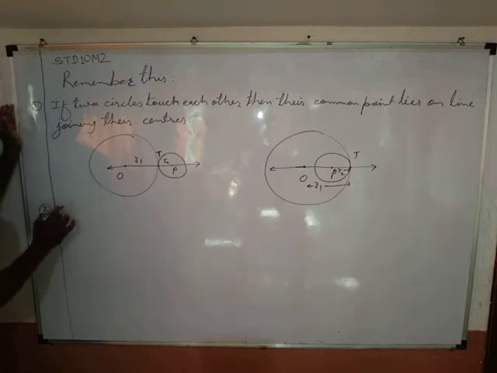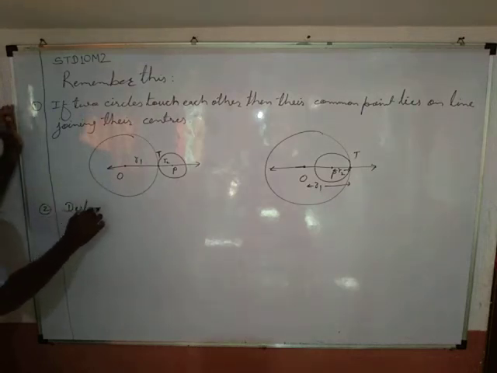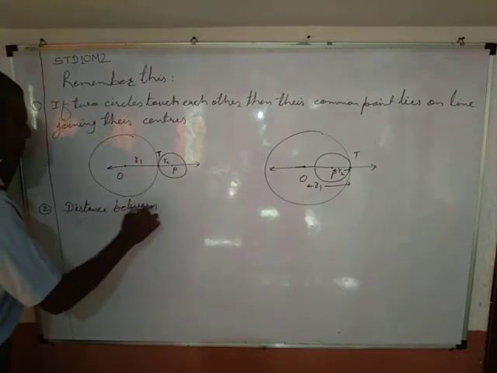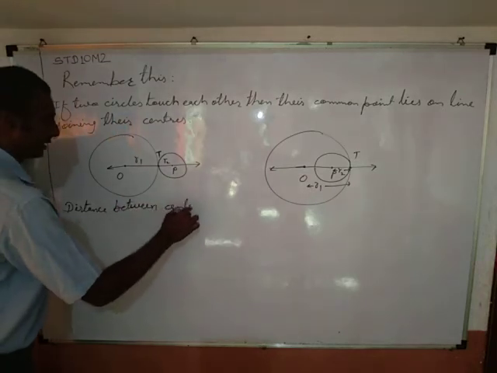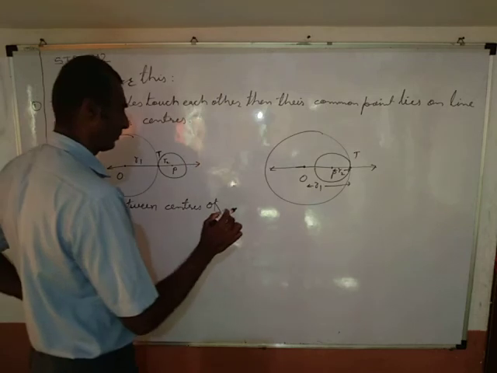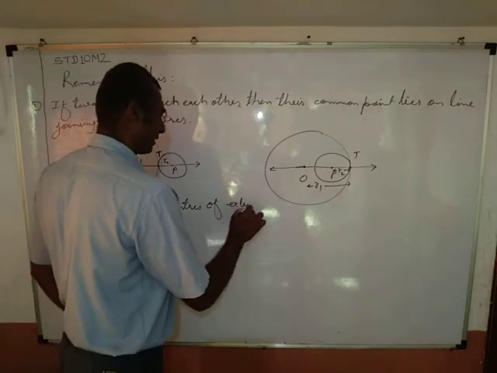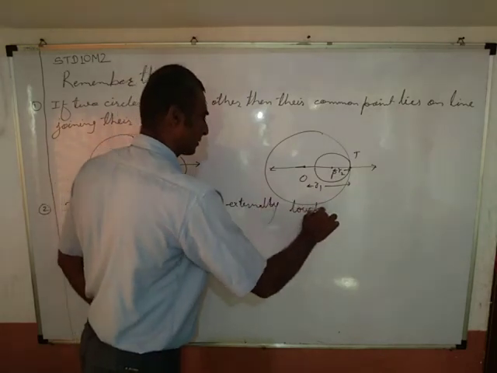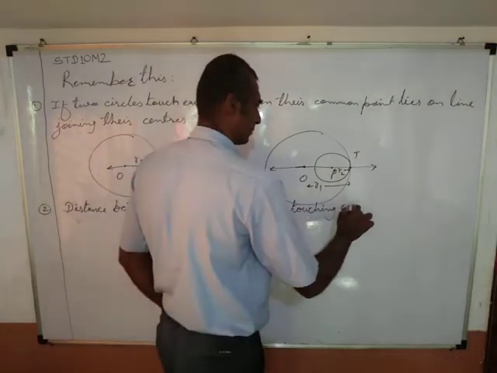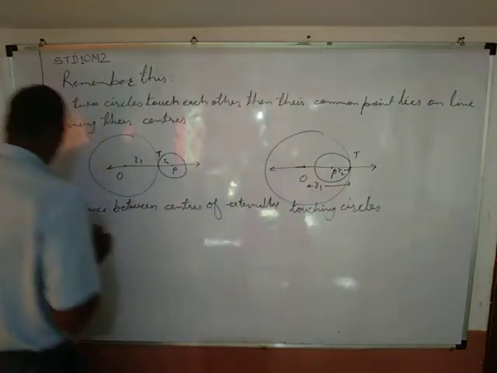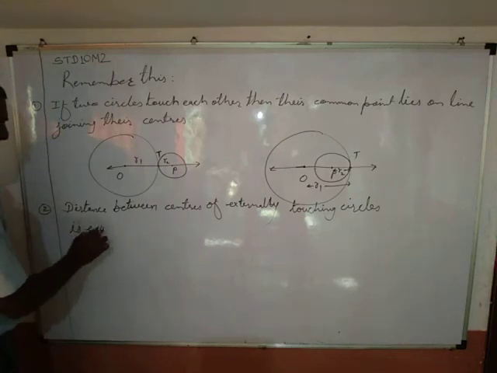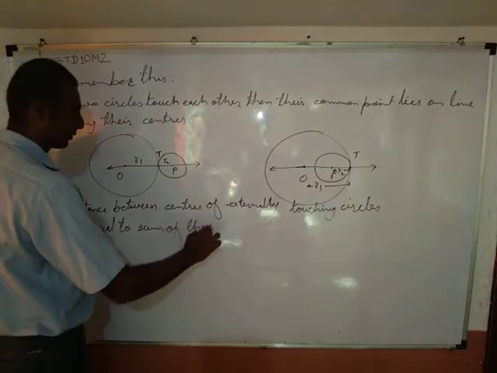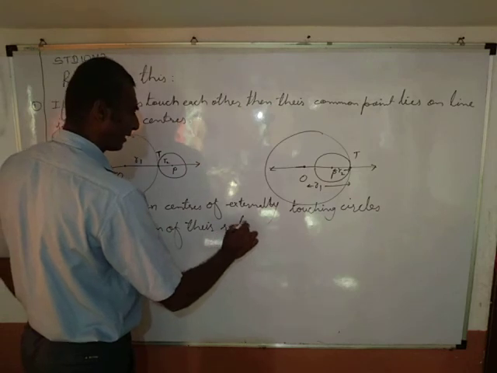Number 2: the distance between centers of externally touching circles is equal to the sum of their radii.